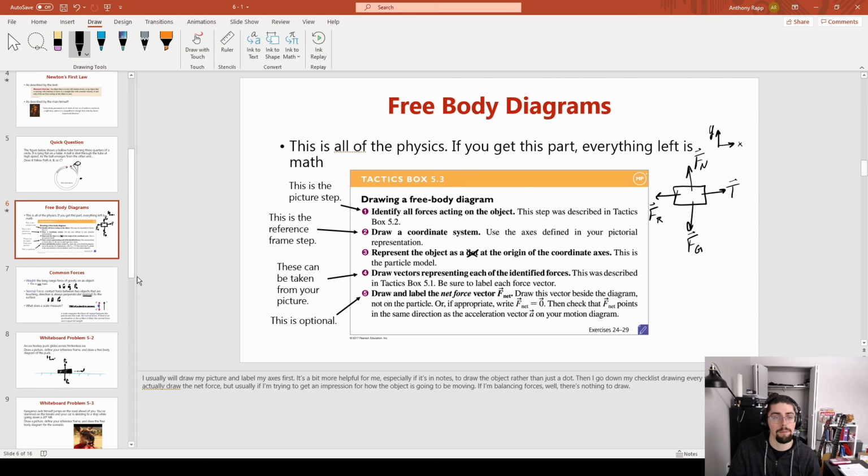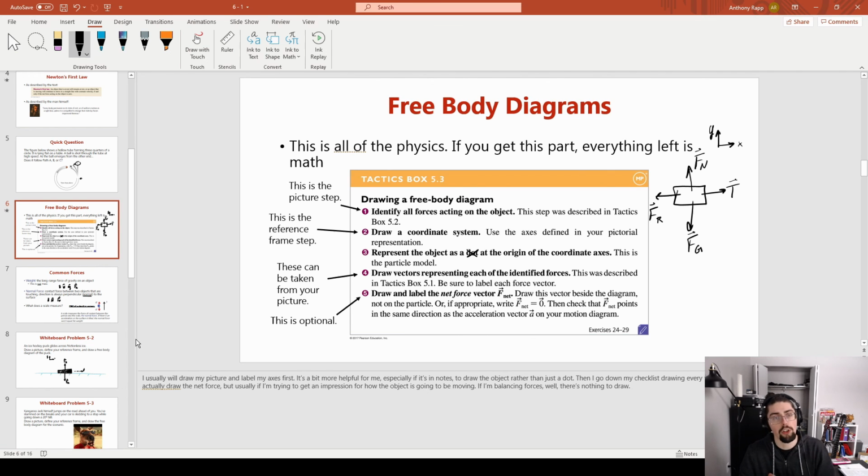I am personally not a big fan of that because I think it kind of depersonalizes the problem for me. If it's not a block or a puck or Cybertruck or whatever it is, if I'm just drawing a dot for every single problem, it kind of abstracts it a little too much for me to think about what's really going on. I like to draw the object myself.